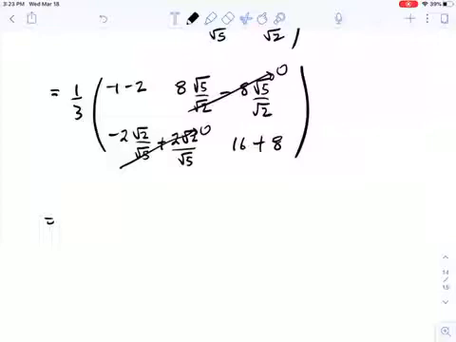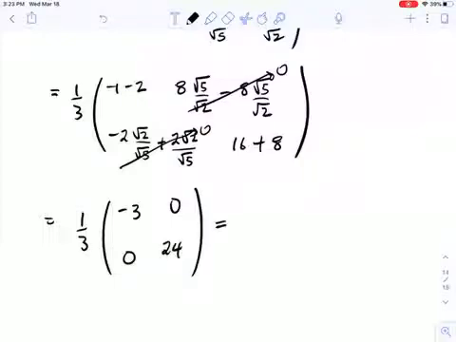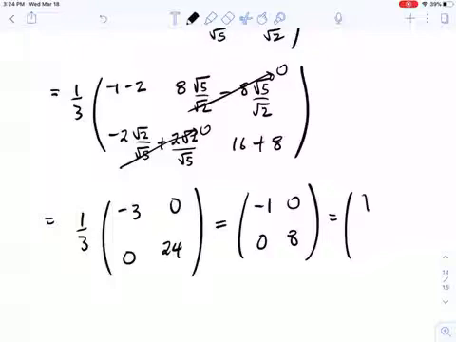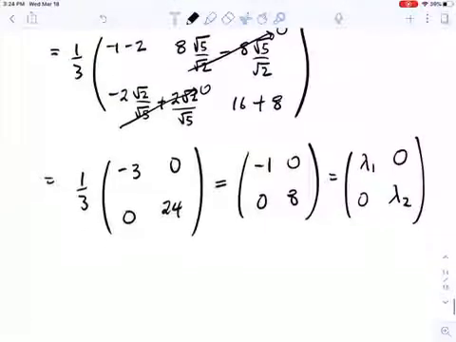So that's equal to 1/3 times minus 3, 0, 0, and 16 plus 8 is 24. Take in the 1/3, and so we get minus 1, 0, 0, 8. And minus 1 was our first eigenvalue, and 8 was our second eigenvalue. Okay, good. So there's all the properties of matrix diagonalization.